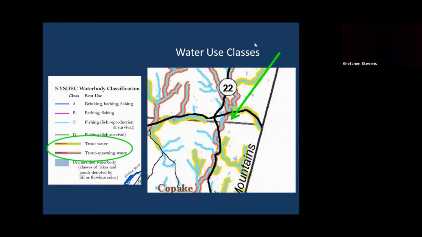These are some of our best streams, our best quality streams in the region. Trout need clear, cold water. For spawning, they need unsilted stream substrates. So this is the kind of stream that we might want to pay special attention to. Streams can be very easily disrupted by nearby land uses.